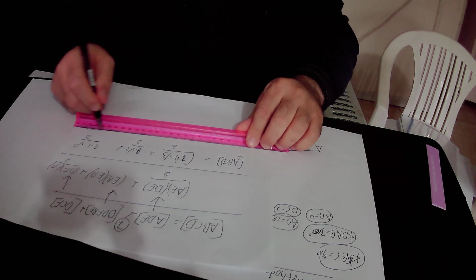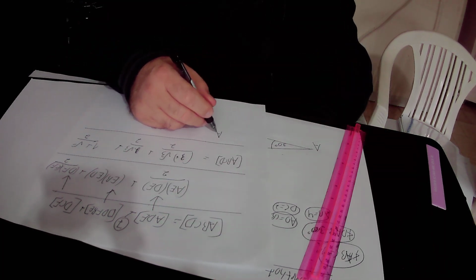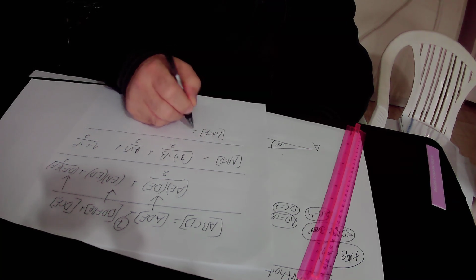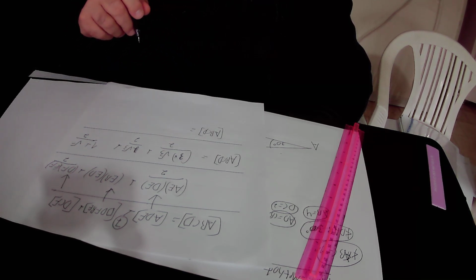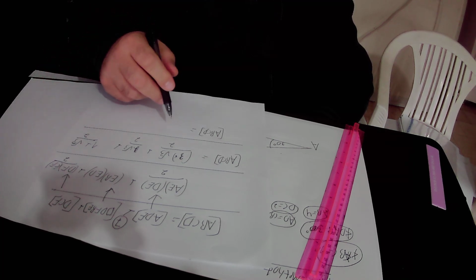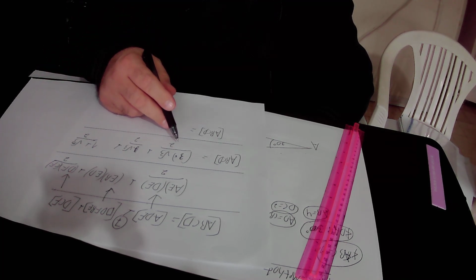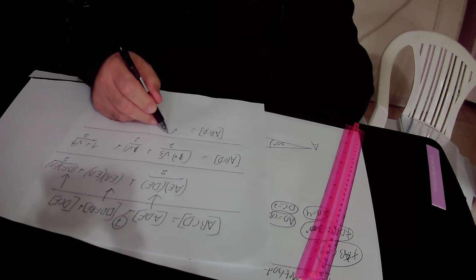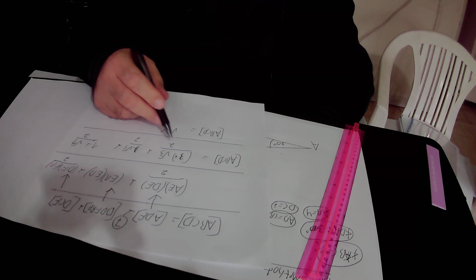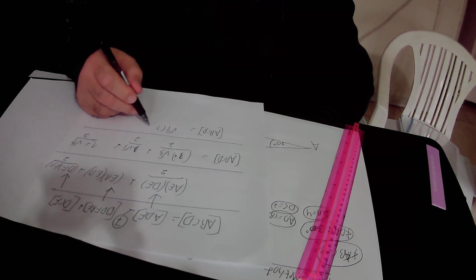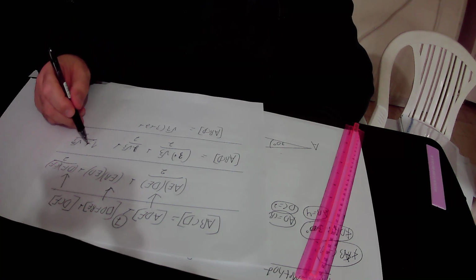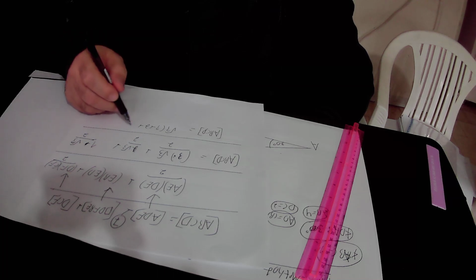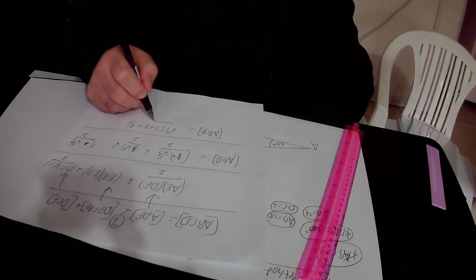And we get that the area of quadrilateral ABCD is equal to square root of 3 as a common factor, times 3, plus 2, plus 1, all divided by 2.